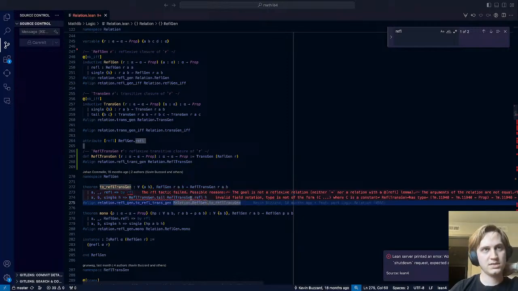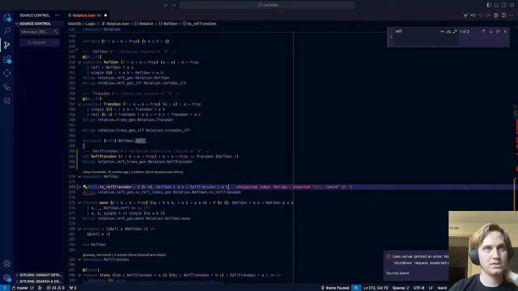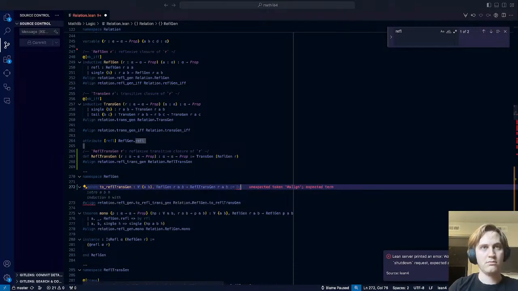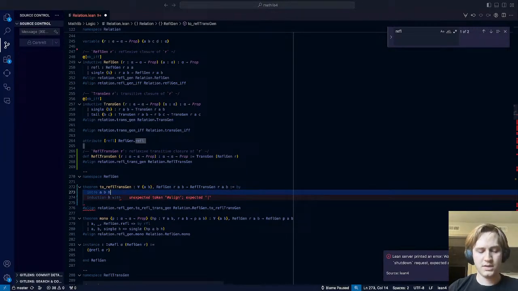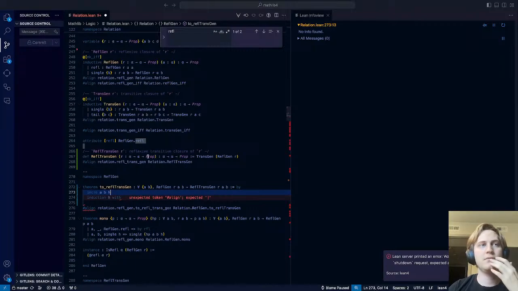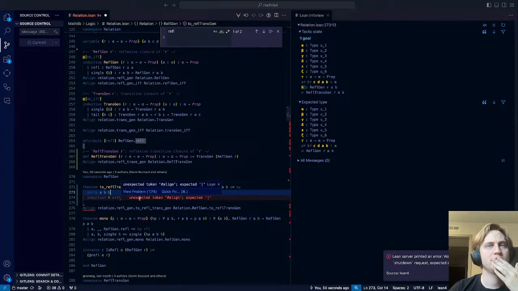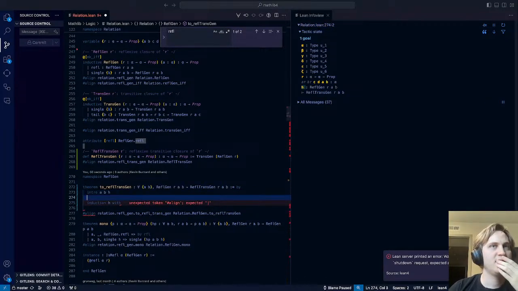Oh my god, why is it not doing this? Sorry, I need to get out the info view. So ReflTransGen, the outer one is the TransGen, and what I want to be applying is the single.